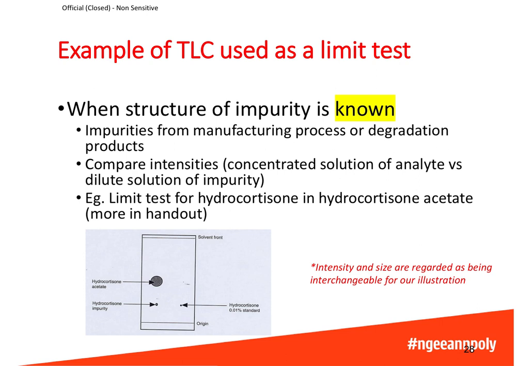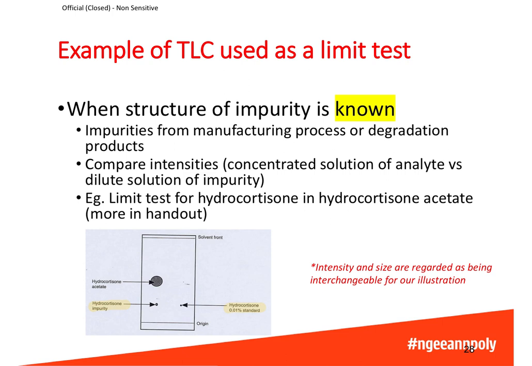Here, the drug substance is hydrocortisone acetate, and the impurity is hydrocortisone. A standard solution containing 0.01% of hydrocortisone is run alongside the sample. The intensity of the hydrocortisone spot in the sample is then compared to the intensity of the hydrocortisone spot in the standard solution to see whether it passes or fails the limit test.